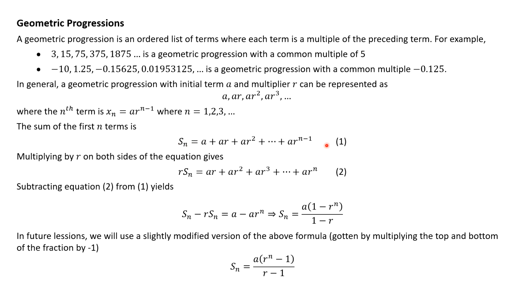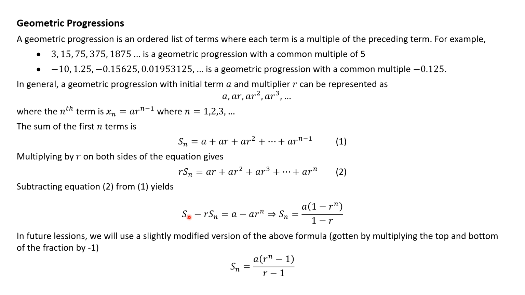This is the sum. And if you multiply this by r, you get this expression here. And if you subtract these two, you get a lot of cancellation. You notice the ar's cancel the ar squareds. The only thing left is a minus a times r to the n. So you get this here.